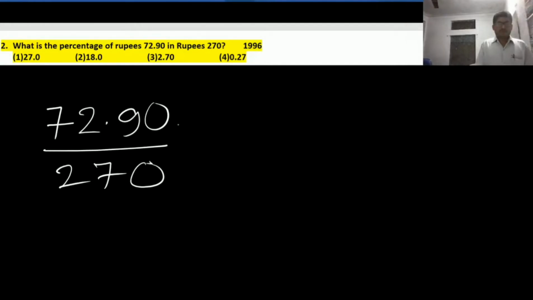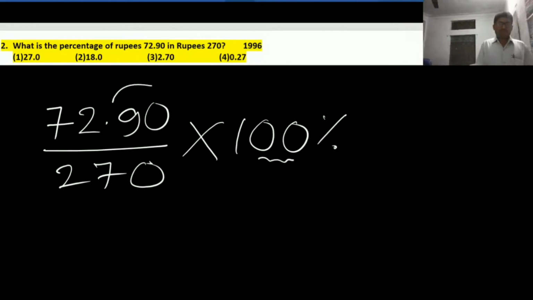We have to convert into percentage. To convert into percentage, multiply with 100 and keep the percentage sign. To multiply by 100, shift the decimal to the right by 2 places.